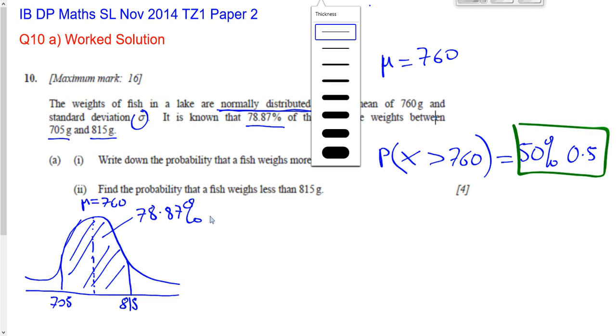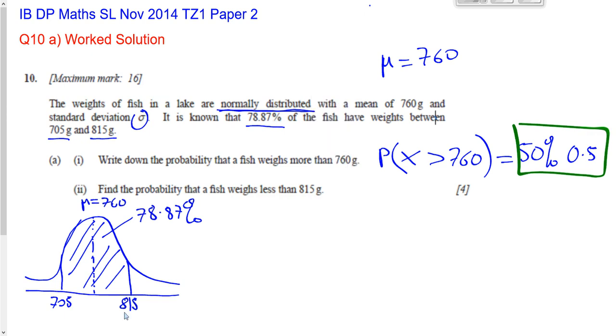Now, find the probability that a fish weighs less than 815 grams. So here's our 815 grams, and we want to find the probability of anything below that. So that's going to be from this side as well. We want to find what percentage that is of our total. We know that between here and here is 78.87%, and this actually represents a middle value.